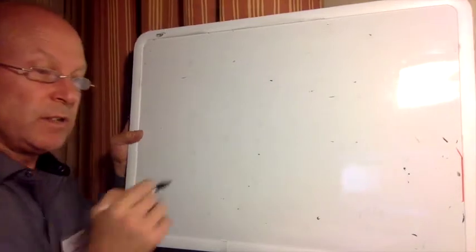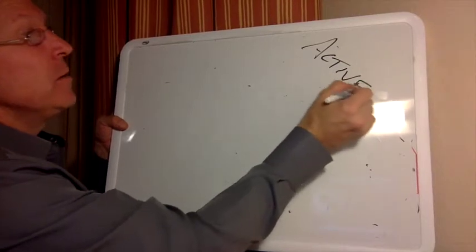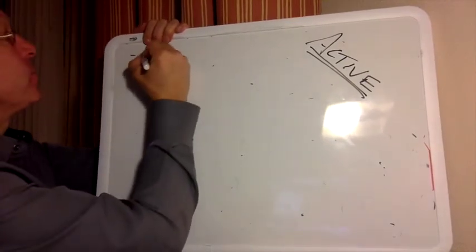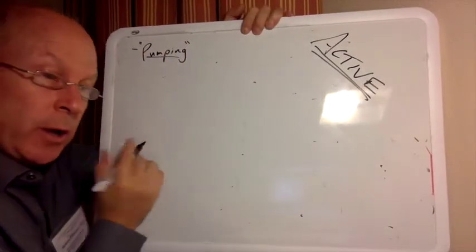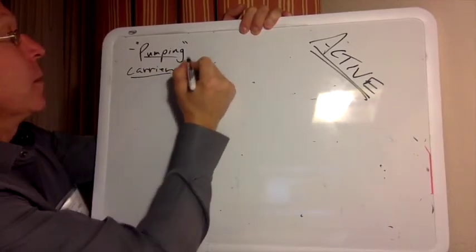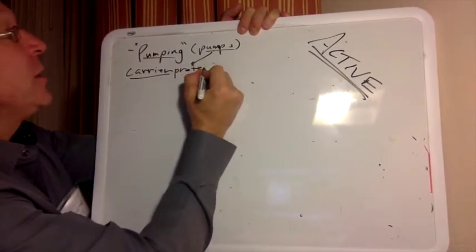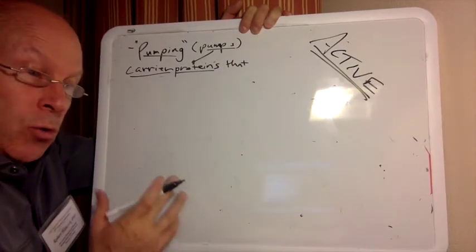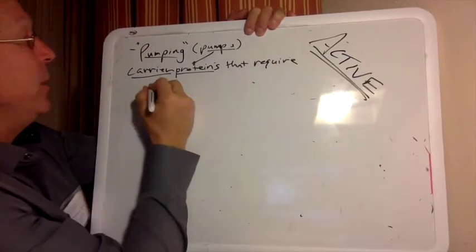So the next thing for us to do is to take a look at active methods. So there's really just one thing we're going to do, active methods on this page, and that's going to be pumping. So pumping is going to require carrier proteins, or pumps are carrier proteins that require the use of energy, that require energy in the form of ATP.